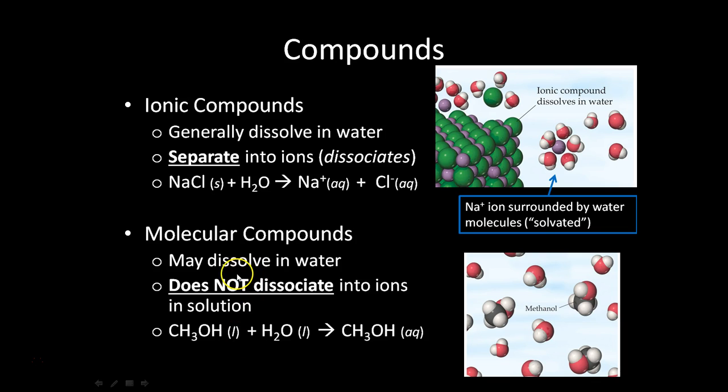And so if you took table sugar, regular sugar, and threw it into water, what you would find is that even though it's an aqueous solution, it doesn't actually contain ions, and so you would not be able to conduct electricity through this solution because there's no ions to conduct that electric current.